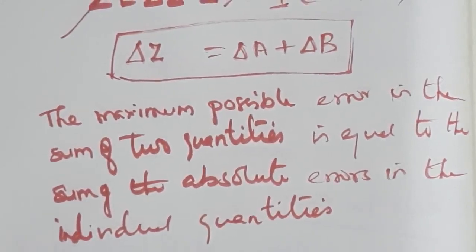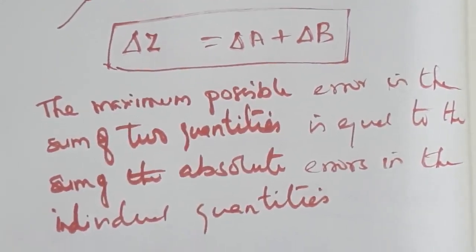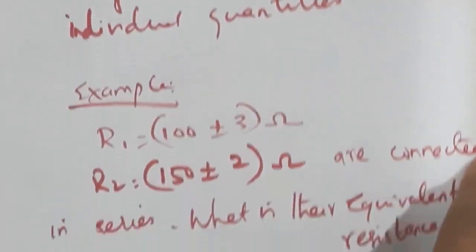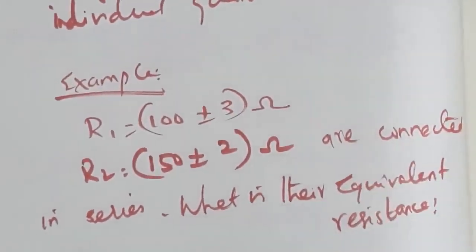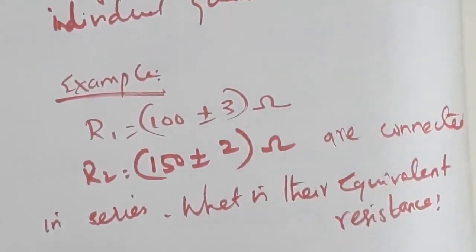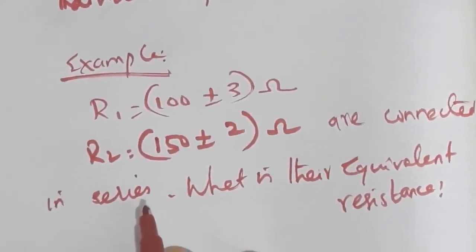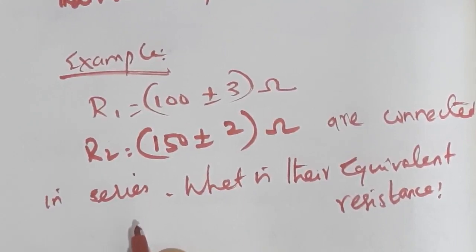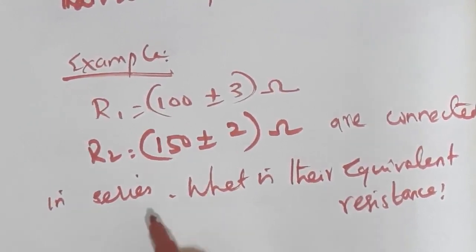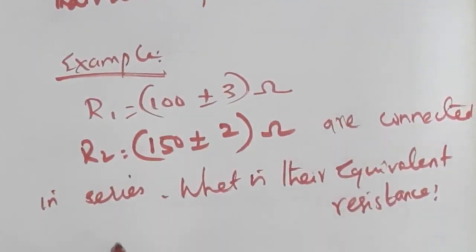I think when you are doing the problem, you can understand easily. So let us look at the problem. Example, the resistances. You may have learnt about resistances in 10th standard. Resistances connected in series and parallel.